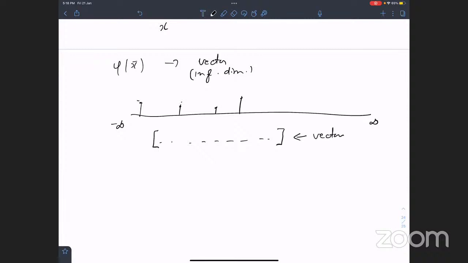So even your wave function, if it's a single dimensional one, it's easy to see that it's a vector. Even multiple dimensional wave functions, they're also in a way vectors only, but they're all vectors in an infinite dimensional space. So the world we live in is a three-dimensional space, right?